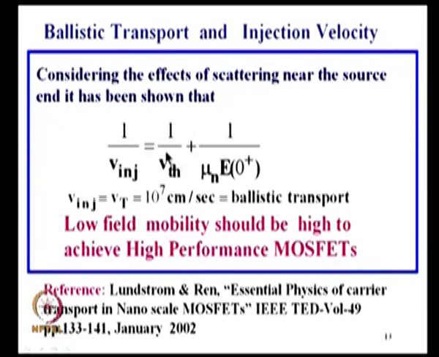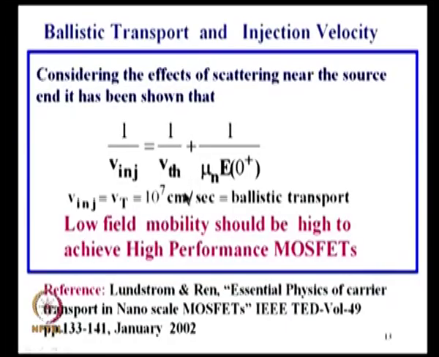when the carriers are injected from the source to the channel, they are able to inject by gaining an energy to rise above that barrier. So, they have got the thermal energy.